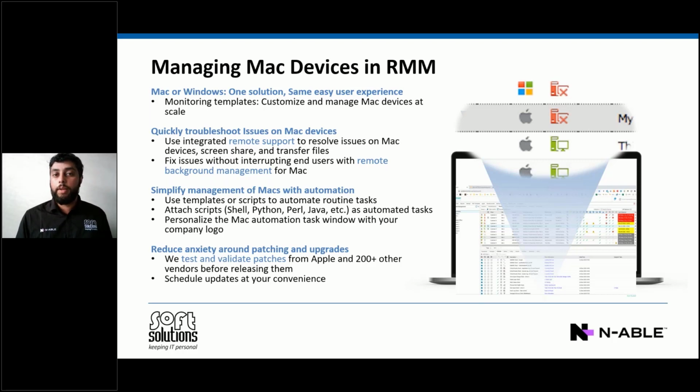I know patching can be a massive pain point for you resellers because when you're patching, you're trying to make sure everything is up to date, but there is a risk of things breaking as well. So it's good that Enable constantly tests those patches for the Mac devices before they get deployed onto an end device. And I'll show you a little bit more about that in the demo later on.